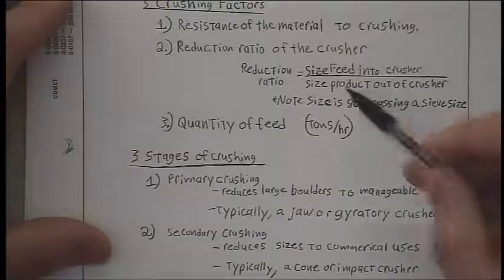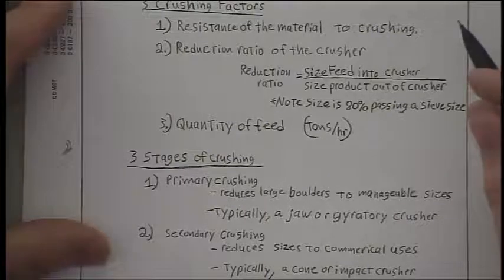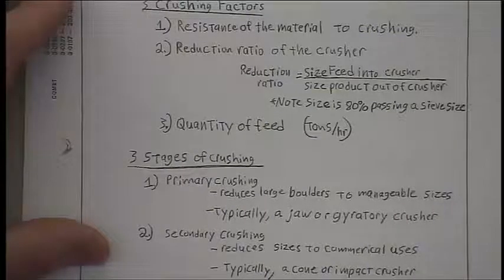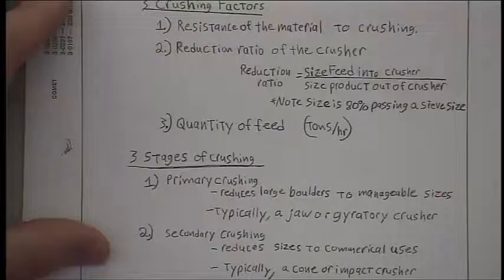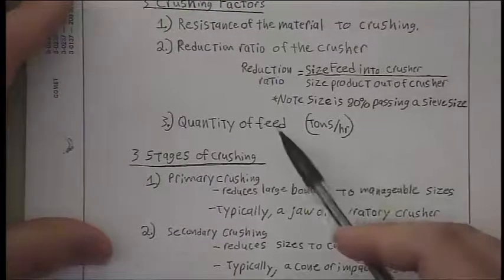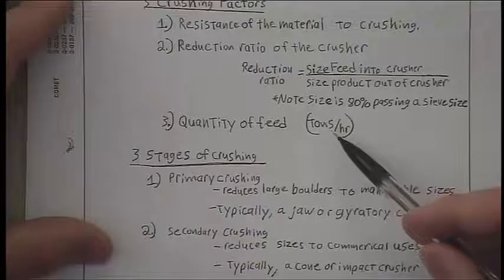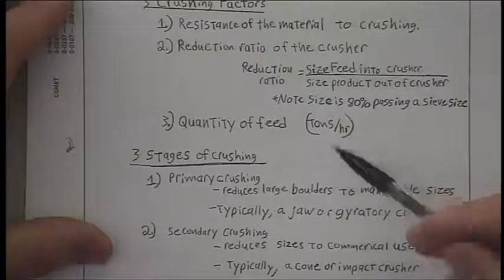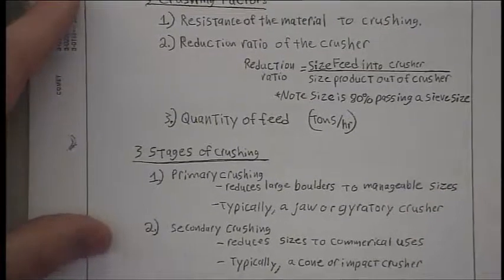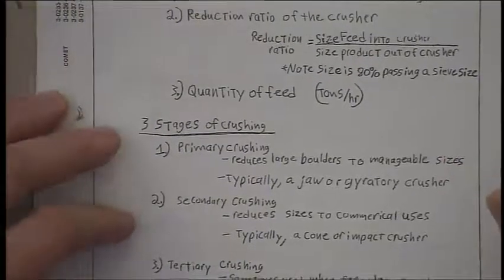If you're trying to go from a big boulder to a real small 1/2-inch rock, the ratio is really high, so it's going to take a lot more energy to crush. And then also how much you're actually putting into your crusher at once. If you put in too little or too much, it affects how good the shape is and how much it will crush into a certain gradation.